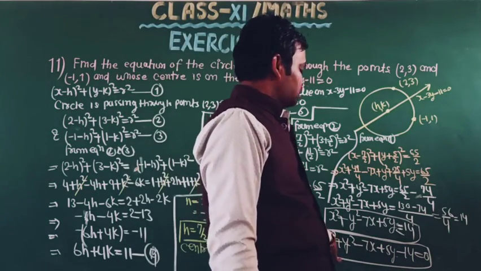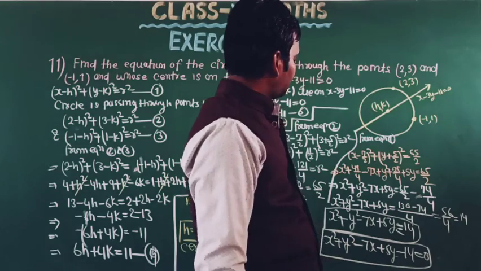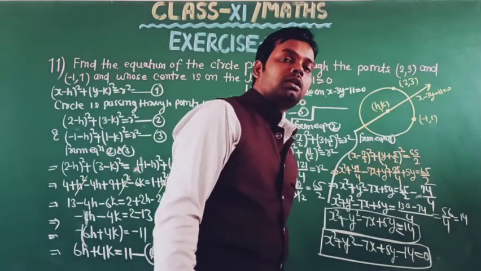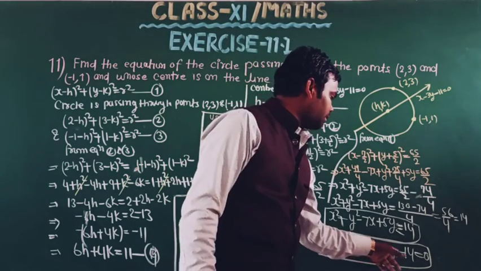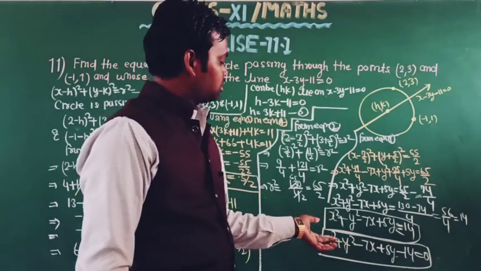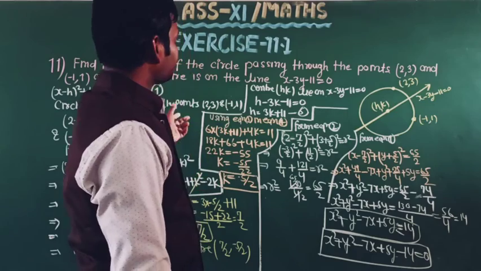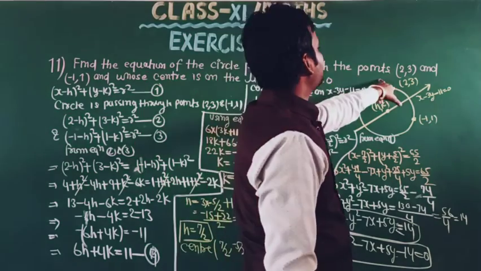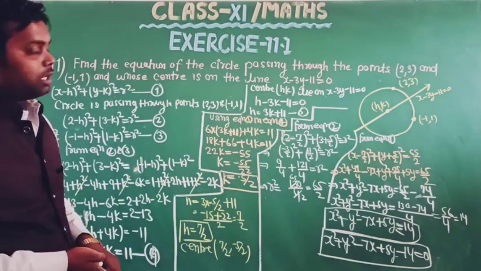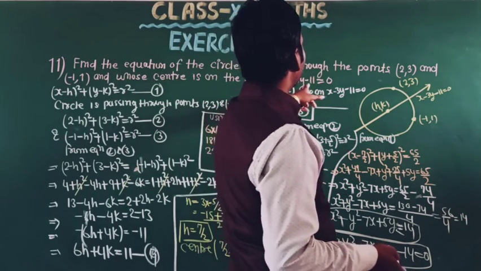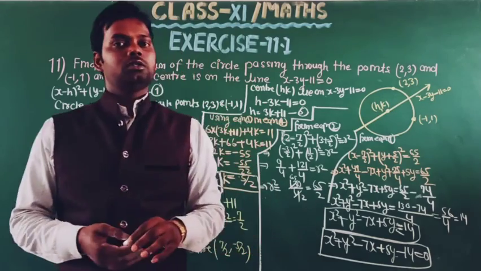So finally we get the equation of the circle: x square plus y square minus 7x plus 5y minus 14 equals 0. This is the required equation of the circle passing through the points (2, 3) and (minus 1, 1) and with center on the line x minus 3y minus 11 equals 0.